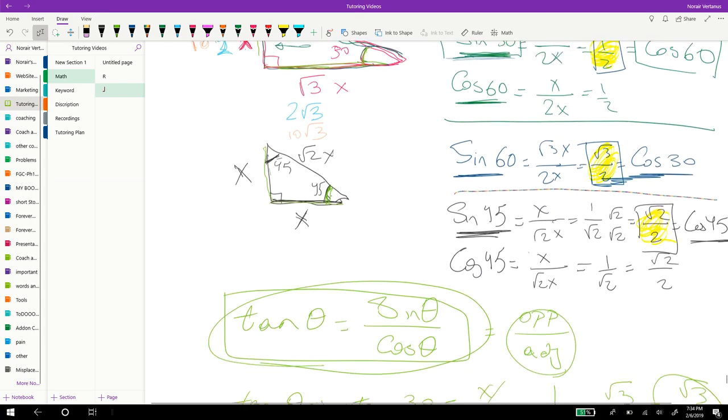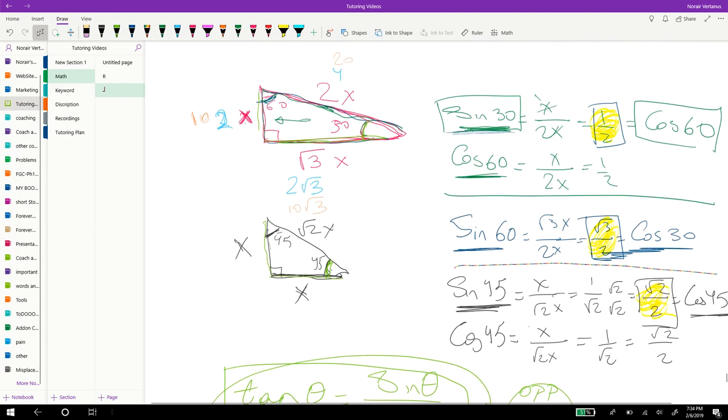And then one more thing. What is tan of 60? Tan of 60 is equal to, over here, tan is opposite over adjacent. Opposite is rad 3x, adjacent is x.